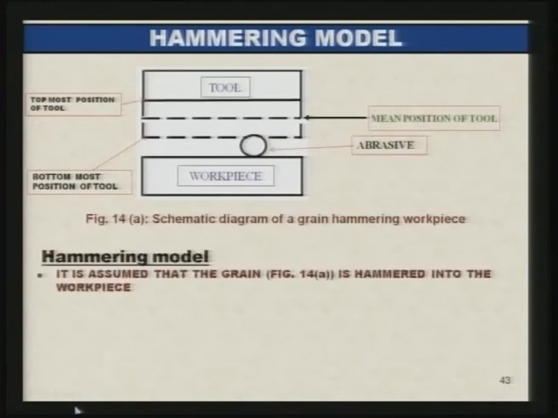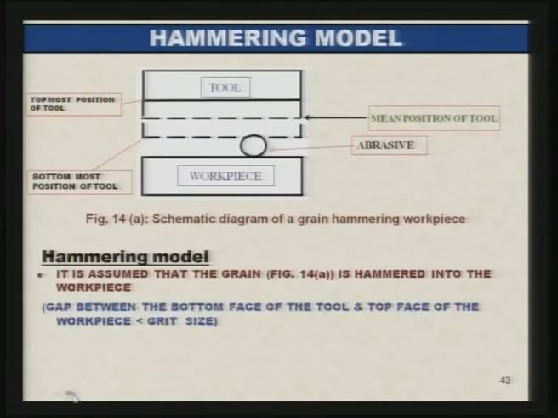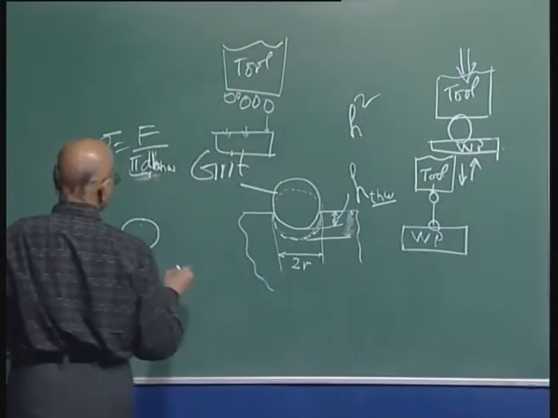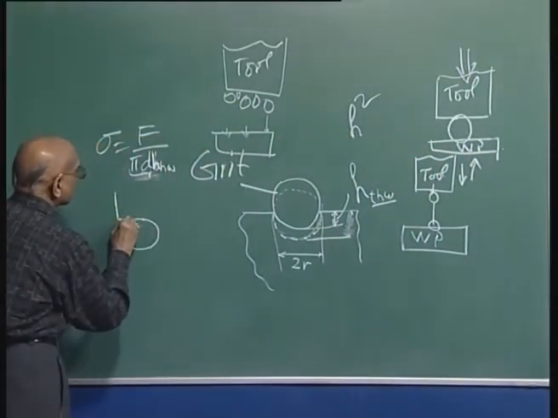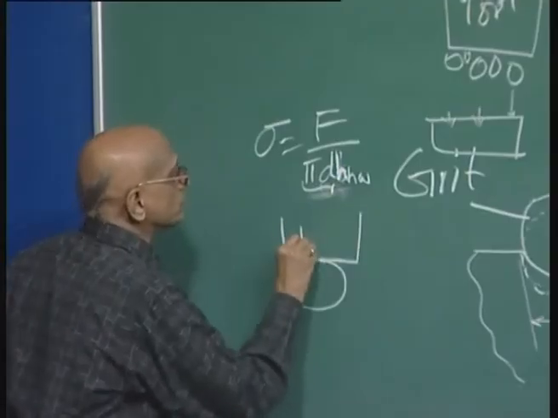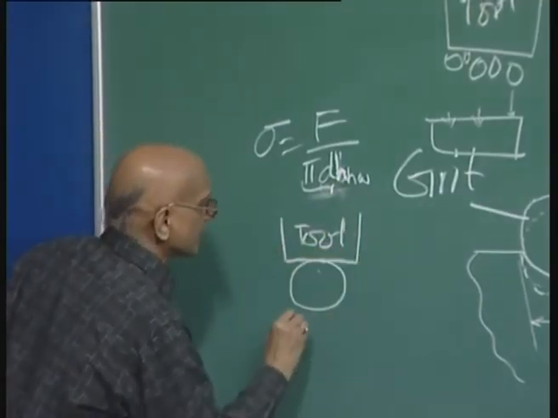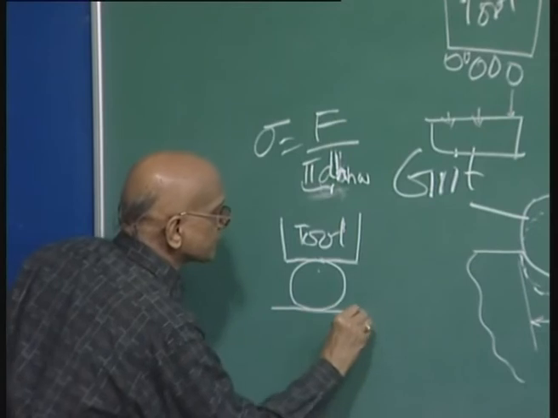Now, it is assumed that the grain is hammered into the workpiece as shown in the above figure. It simply means that the gap between the bottom face of the tool and the top face of the workpiece is smaller than the size of the grain, that we can see here. This is the size of the grain, this is the bottom face of the tool and this is the top face of the workpiece.